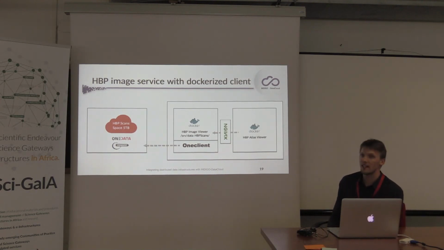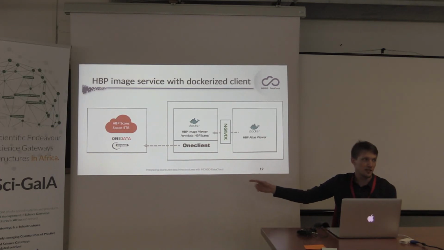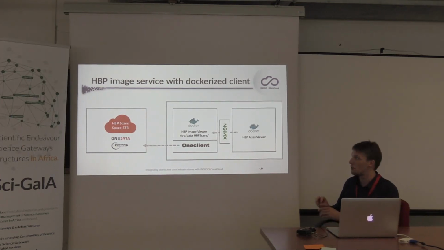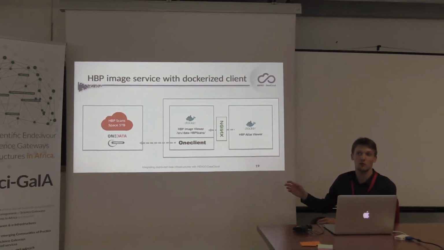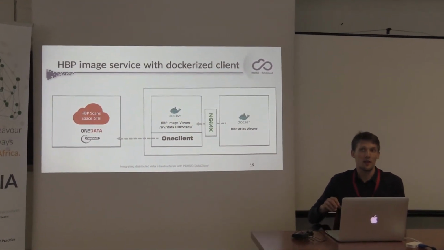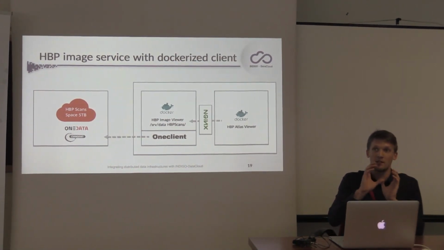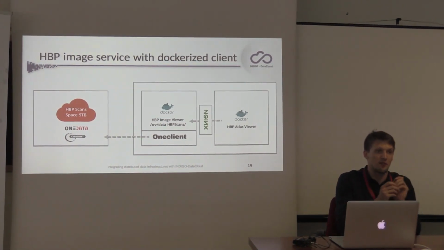We also set up an Nginx server to load balance the REST requests from the Atlas Viewer to the Image Viewer. So we actually had 5 Image Viewer containers serving data through REST to the Atlas Viewer, which was making a big amount of requests because every part of the image was rendered with a separate request for data.